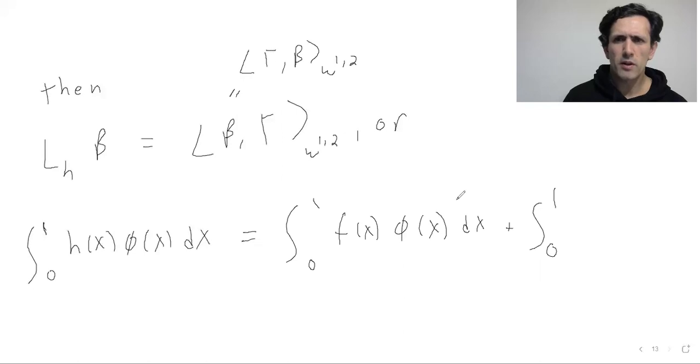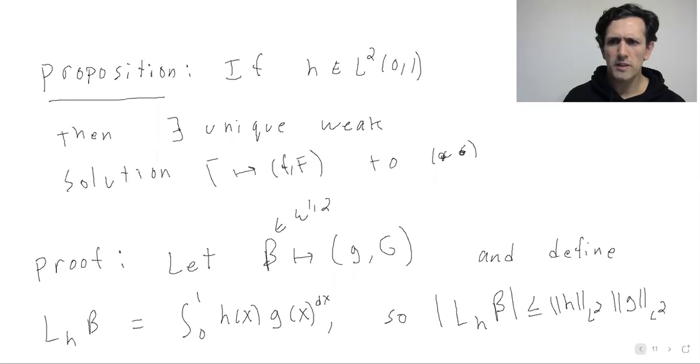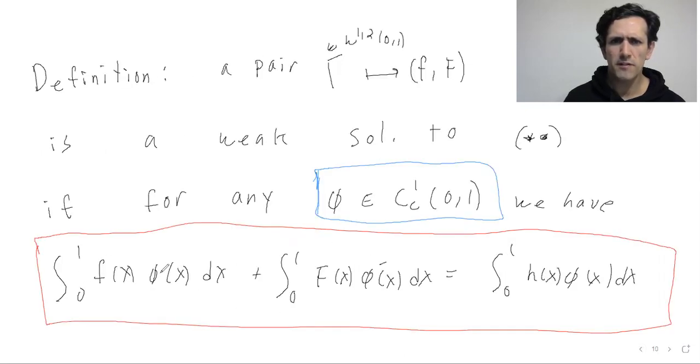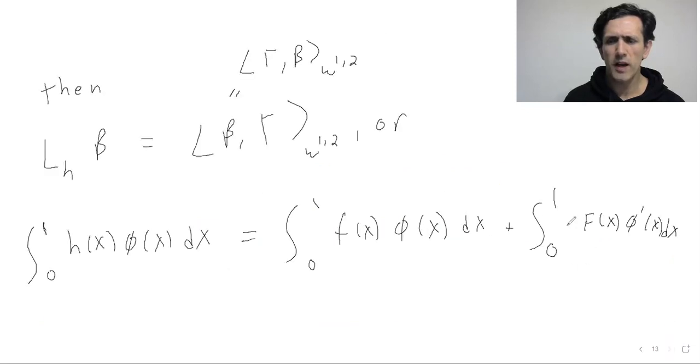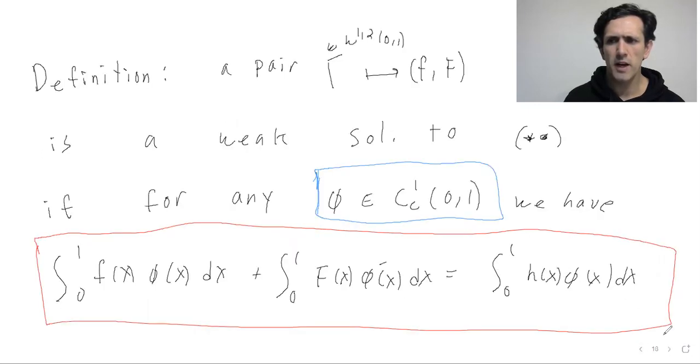Right, so it's going to be big F of x, phi prime of x. And lo and behold, that's exactly what we want. The integral from 0 to 1 of f of x, phi of x, plus the integral from 0 to 1 of big F, phi prime. That's exactly what I have here: f of x phi, big F phi prime, equals the integral from 0 to 1 of h of x, phi of x dx, which is exactly what I have on the right-hand side here.